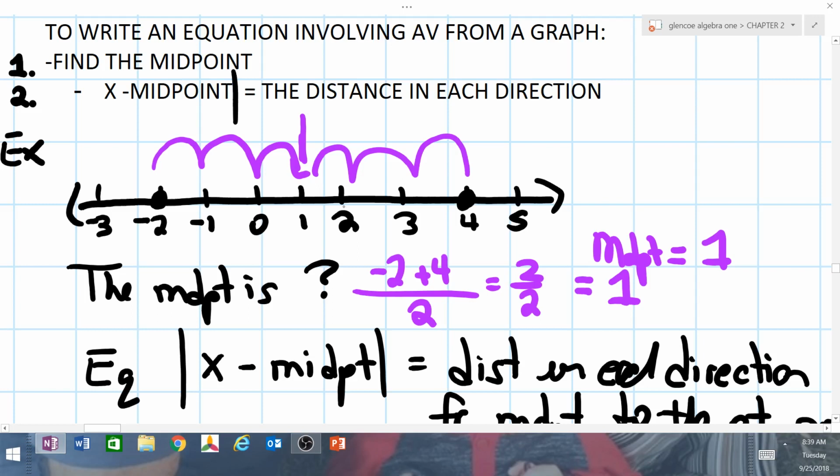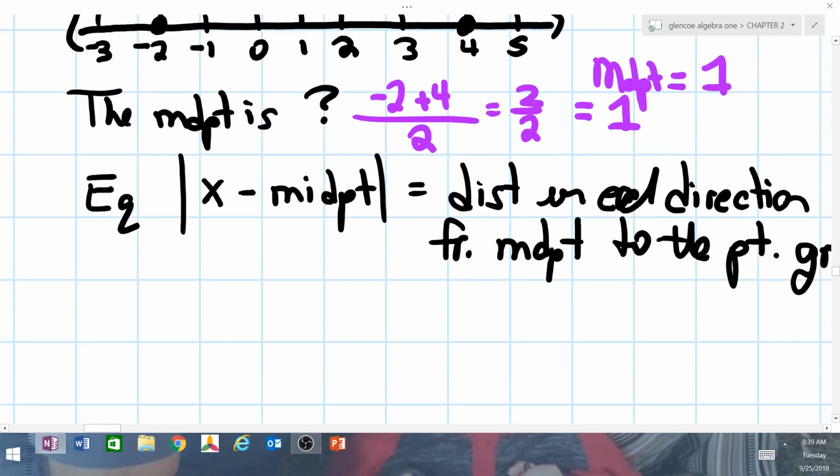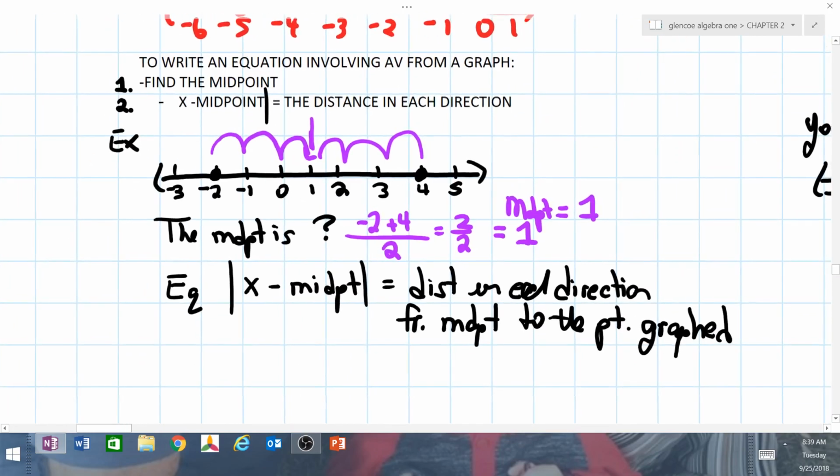How many spaces, guys? 3. How many spaces was it to go from the midpoint 1 to negative 2? So the equation that you would write based on the directions that I gave you would be the absolute value of x minus the midpoint, which was 1, equals how far you went from the midpoint to the right, how far you went from the midpoint to the left, which is 3.